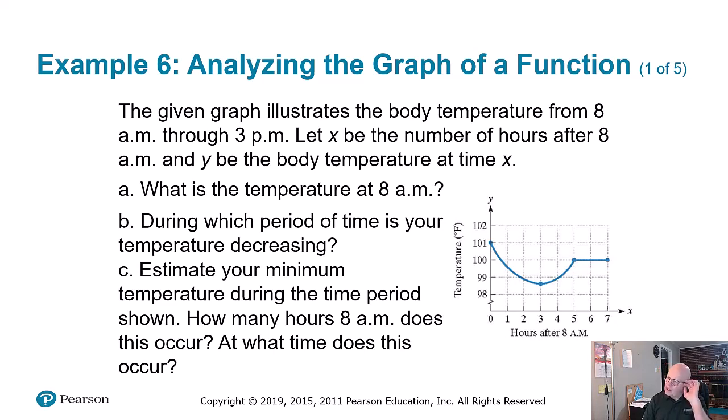Here's another one about body temperatures. Imagine someone in your family isn't feeling too well. So you take body temperatures from 8 a.m. to 3 p.m., in other words, for 7 hours. How is that person's temperature going? Well, it wasn't too good at first, 101 degrees.